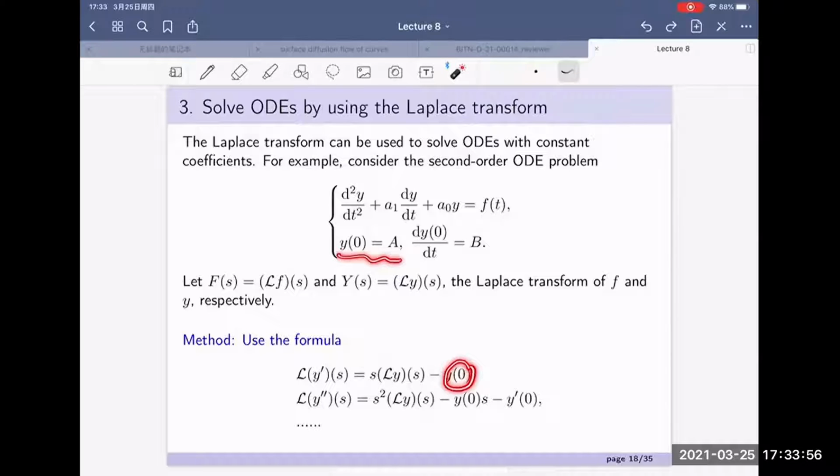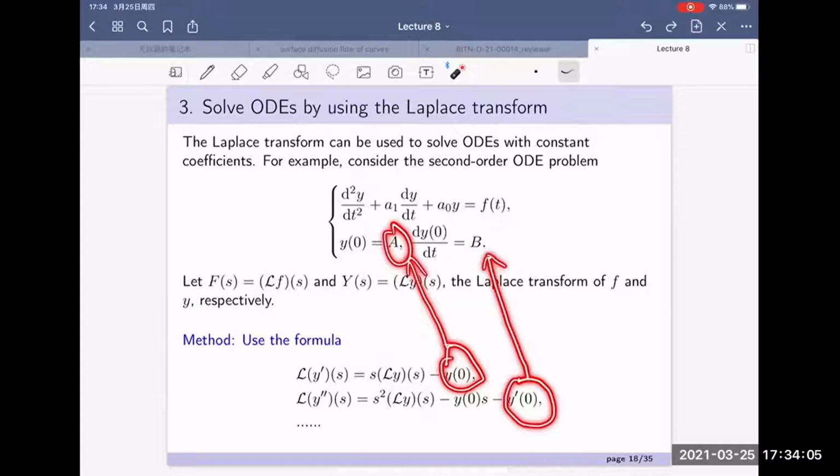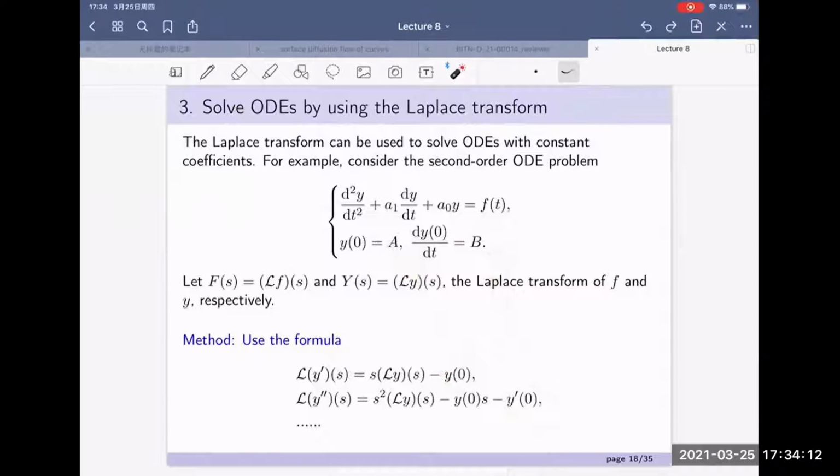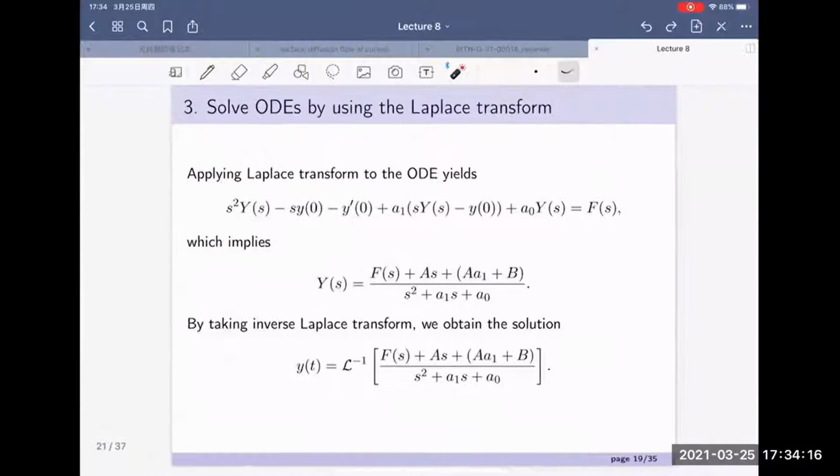So y0 would be this a, and the derivative of y0 would be this b. So this will be given by your initial condition. If you have the initial condition, you know what these numbers are.